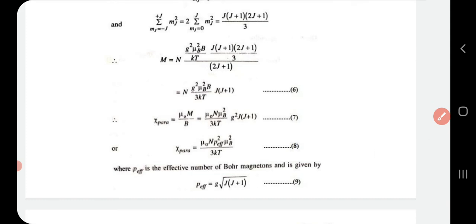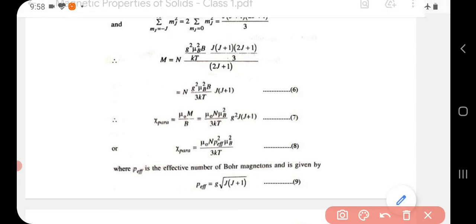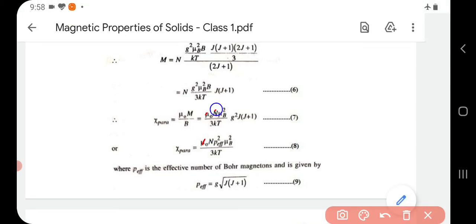Now see, equation 7 is again simplified to mu 0 kept as such, n kept as such, mu B square kept as such, 3kT kept as such. Now here you have seen an additional term, that is p effective square. It is nothing but the effective number of Bohr magnetons. It is g of root j plus 1.